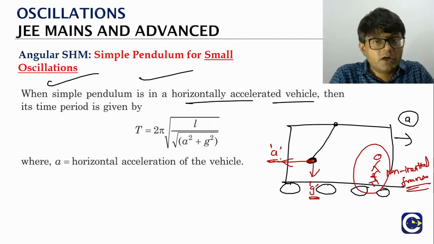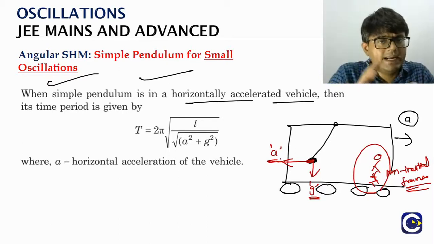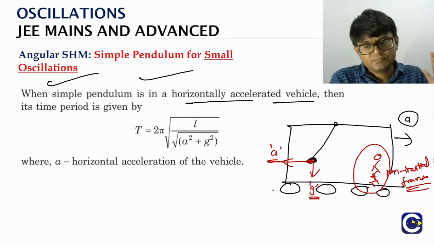Pseudo acceleration will be exactly the same as the acceleration of the non-inertial frame, but direction wise it will be opposite. This we have already discussed in the Newton's laws, the idea of non-inertial frame and how we observe things from the non-inertial frame. There we bring the concept of pseudo force and pseudo acceleration.